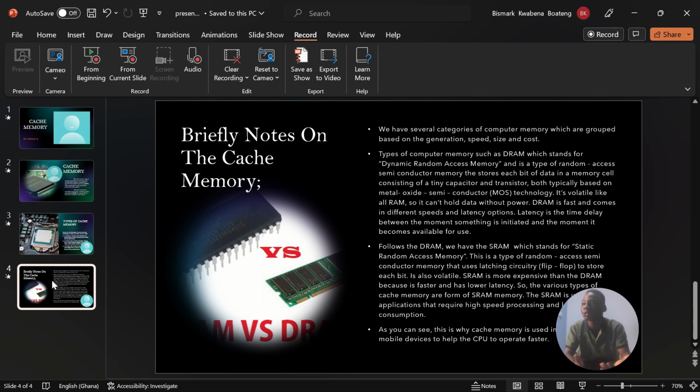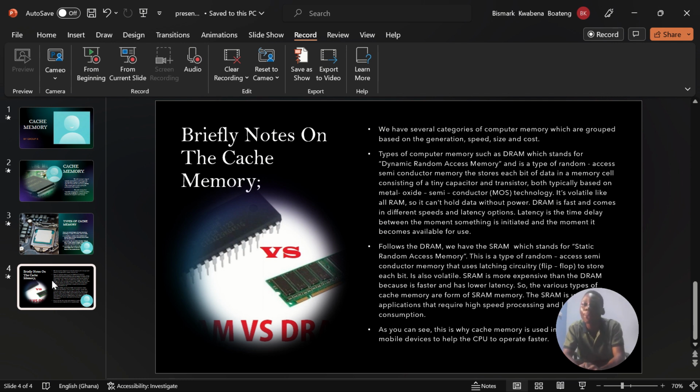Generation one, Pentium one, has its memory, and it goes to DDR1, DDR2, DDR3. Any computer generation comes with its memory. So we have types of computer memory such as DRAM, which stands for dynamic random access memory.